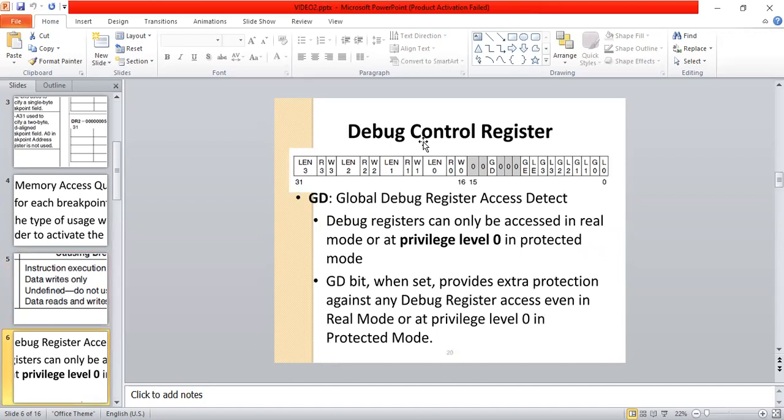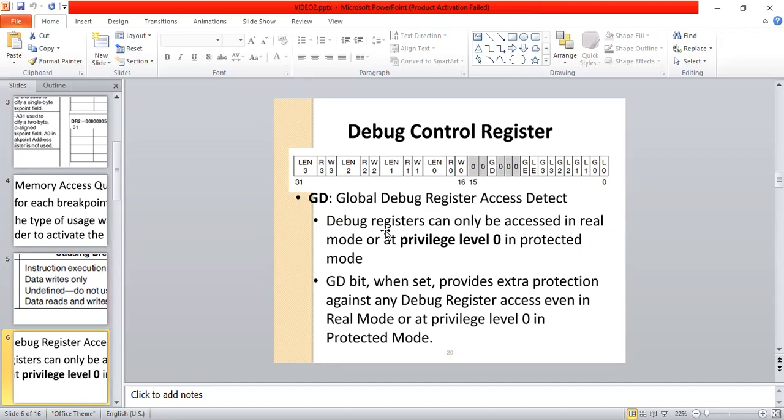Debug control registers, the GD field shown here, the global debug register access detect. Debug registers can only be accessed in real mode or at privilege level 0 in protected mode.